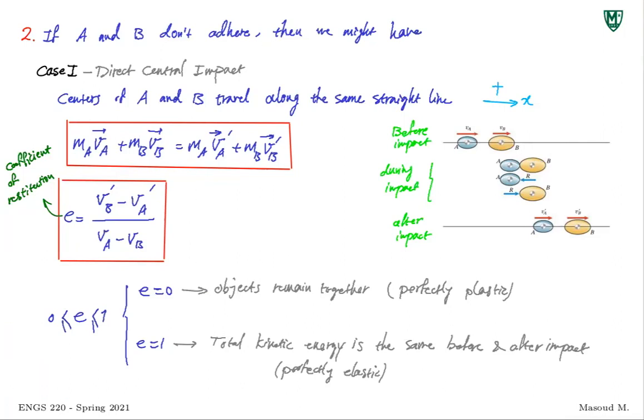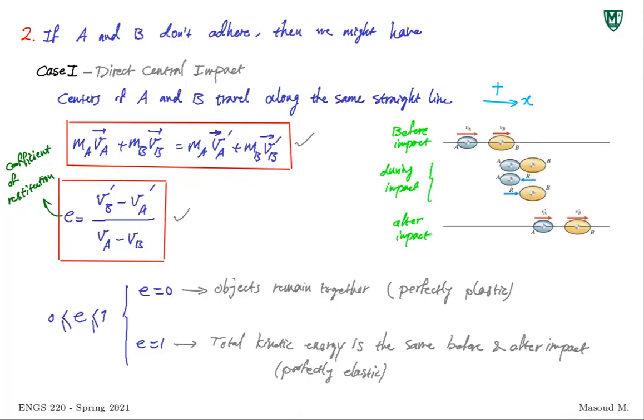In this case, assuming that the velocities are positive before and after the impact, these are the relationships we get. This is the first relationship, this one and this one. It gives a relationship between velocities before and after impact. It's one equation, two unknowns. We need a second equation.